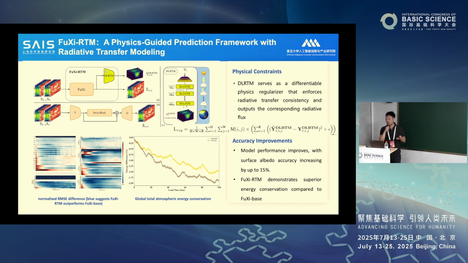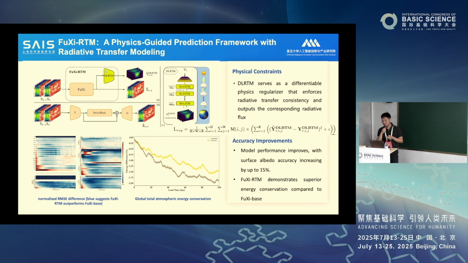The reason we make it a deep learning model instead of using the original physics-based RTM model is that the deep learning model can be used as a differentiable physical regularizer that we can jointly train with the FuXi model.